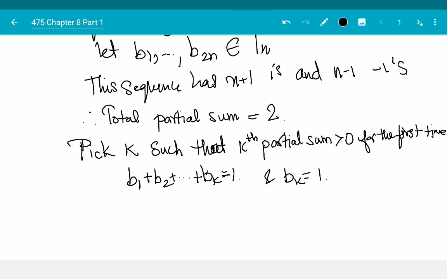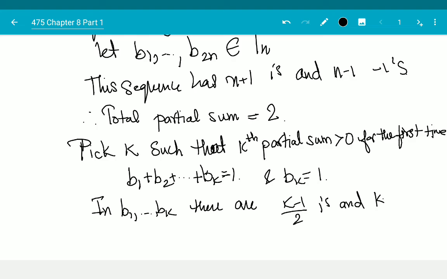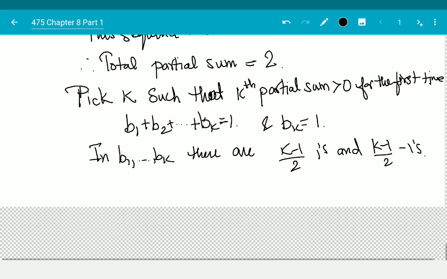So we have this. Then there are, in b1 to b_k, (k-1)/2 ones and (k-1)/2 negative ones, and you get the sequence.